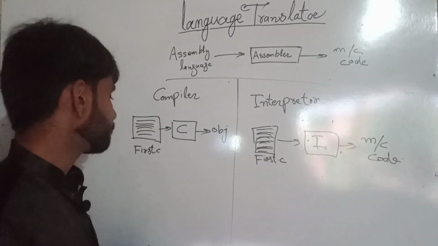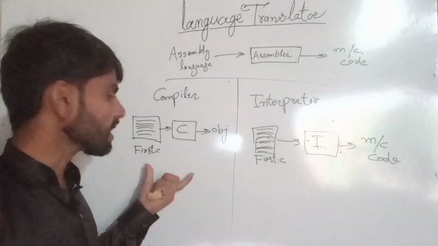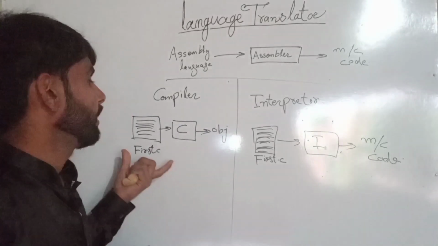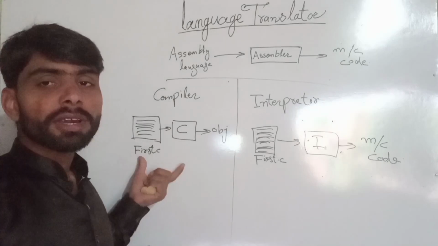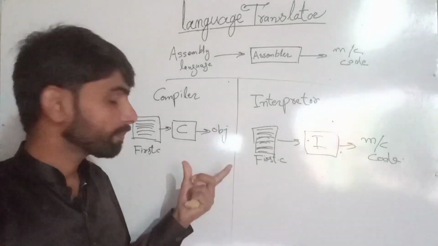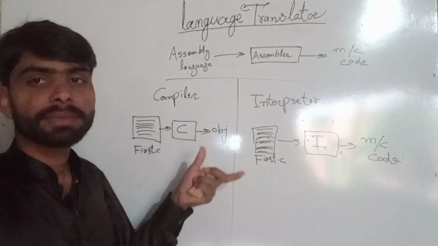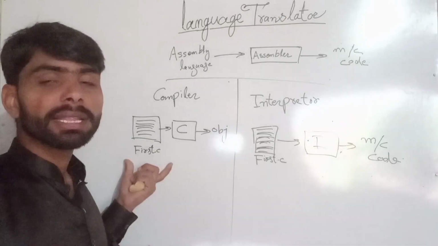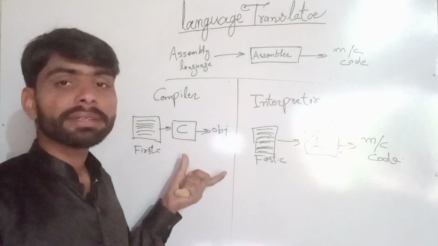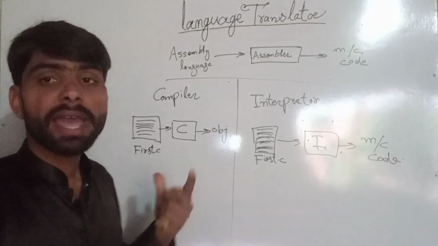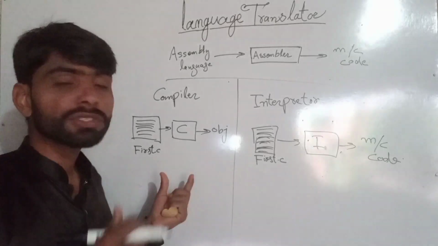The next difference is that here debugging is tough, but here debugging is easy. Because the compiler compiles all the statements and then gives you the result. If errors occur in any lines, it will give you a list of errors.